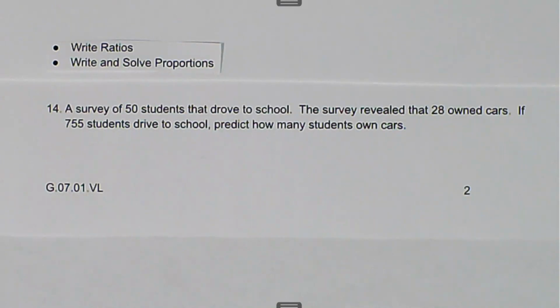So the first thing we want to do is set up two ratios and compare them with our equal sign. So we want to compare the students in the survey to the total students altogether.